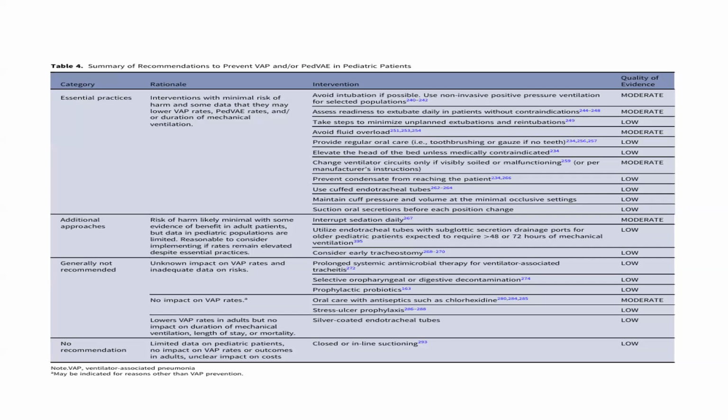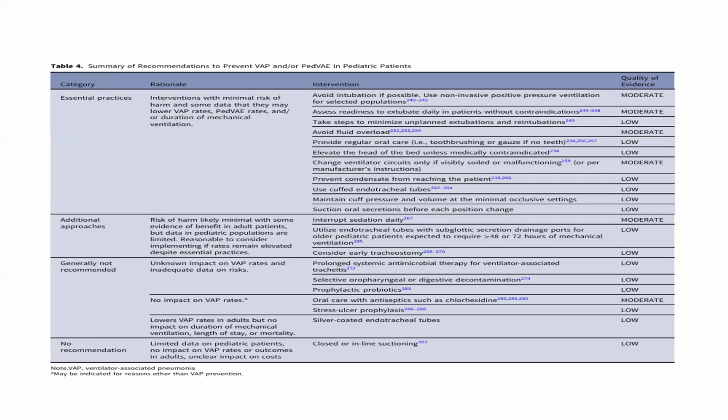Now the recommendations which are generally not recommended are prolonged systemic antimicrobial therapy for ventilator-associated tracheitis, and selective oropharyngeal or digestive decontamination. Very low evidence, so it is generally not recommended.